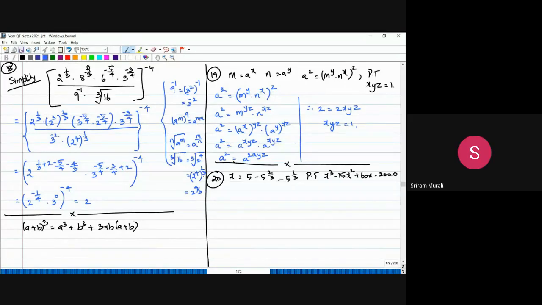In the same way, I have to solve this problem. We want to eliminate this exponential term. You bring this term to this side, x to that side, so that we can take cube on both sides to eliminate the fraction in the power. So this is 5 power 2 by 3 plus 5 power 1 by 3 is equal to 5 minus x. Now you take cube on both sides.